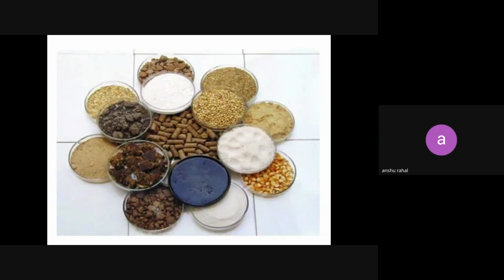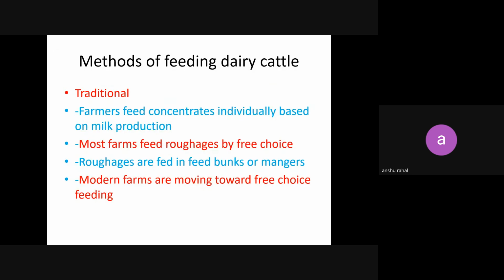These are the different feed ingredients. Normally, in case of feeding dairy cattle, two methods are followed. The traditional method is that in villages, the farmers feed the concentrates individually to the animal based upon their milk production.